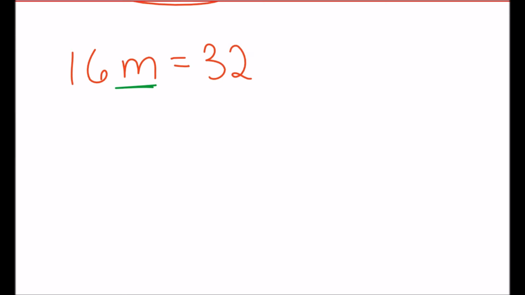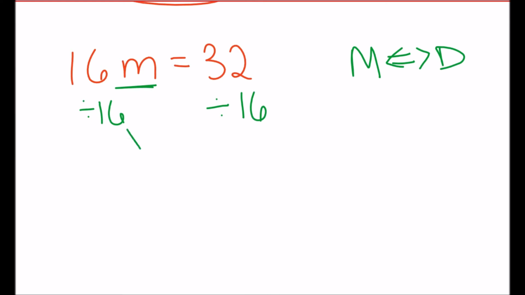So like addition and subtraction, multiplication and division kind of undo each other. So let's divide by 16 and that'll make m be by itself. But what you do to one side, you gotta do to the other. So there goes the 16, so those go to 1, and m equals, what's left is 2.